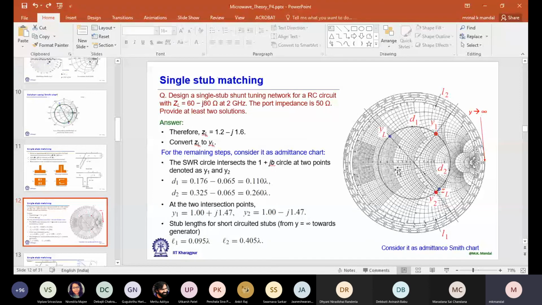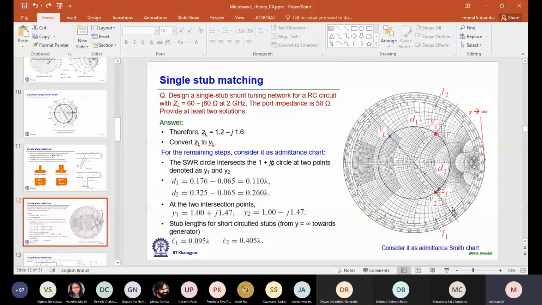So we have two solutions. Now what about the susceptance values? At y1 it is j into 1.47, and at y2 this value is minus j 1.47. So I need to cancel it out. Now we can use an open stub or a shorted stub, that is up to you.